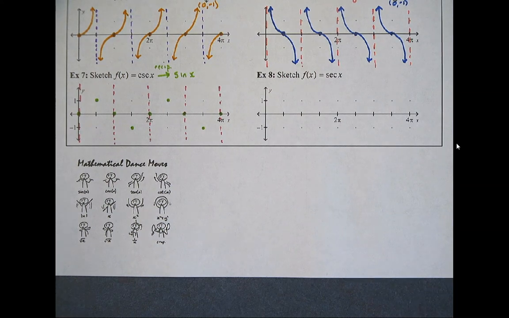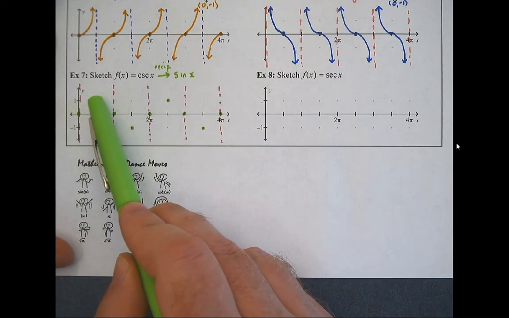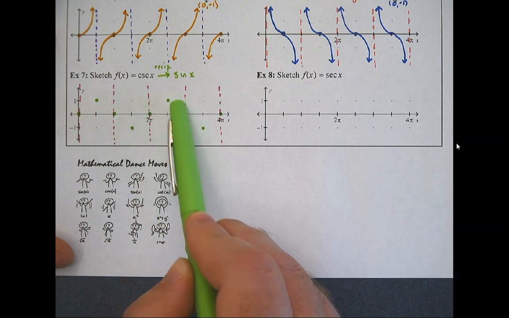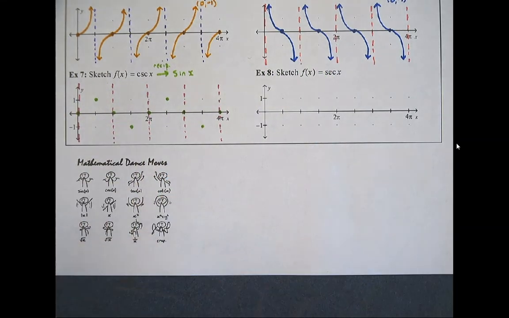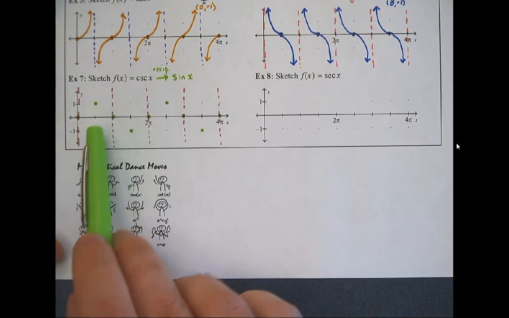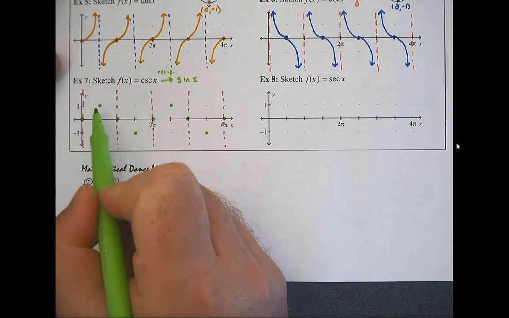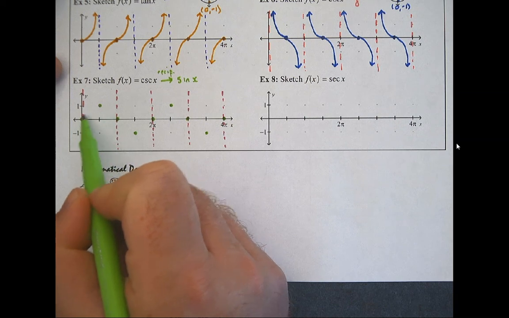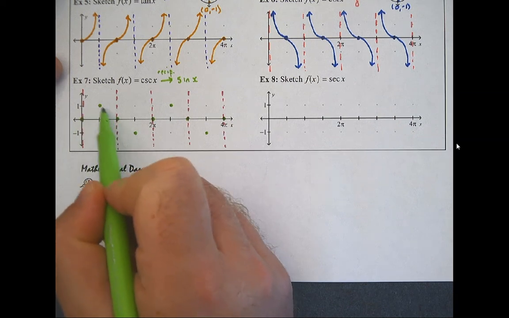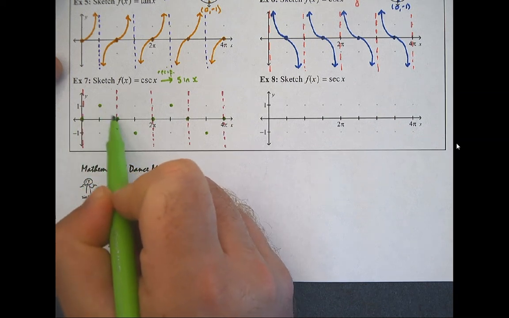So what happens is you're going to take all these y values of sine, and we're going to reciprocal them. They kind of just get turned inside out. Instead of going towards the middle, they go towards the outside of the graph. So think about it this way. These are positive, so when I reciprocal a positive, it's still going to be positive. This is what the sine graph looks like.